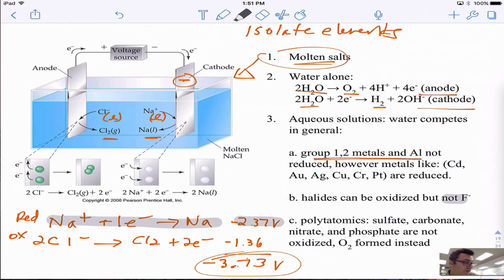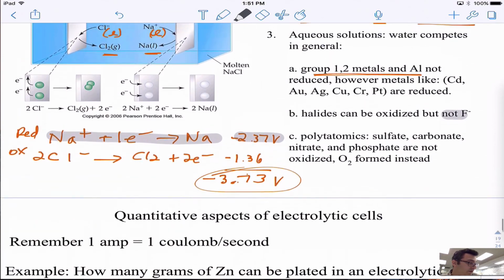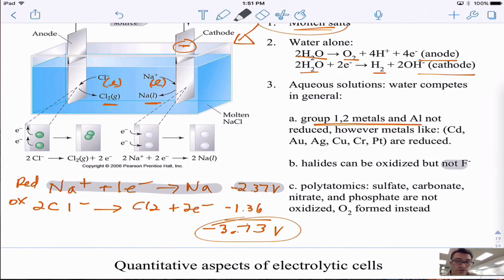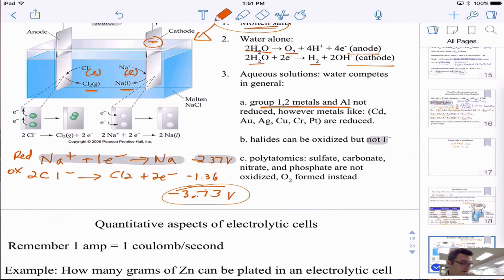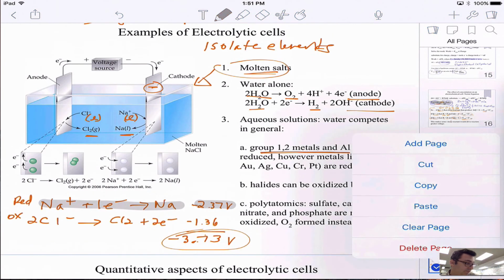Now, why is this occurring? Why is it that you can't actually do this? It has to do with the fact that the water is competing with the sodium and the chloride, or with the potassium and the iodide. To show you this, I'm going to set up a little problem.